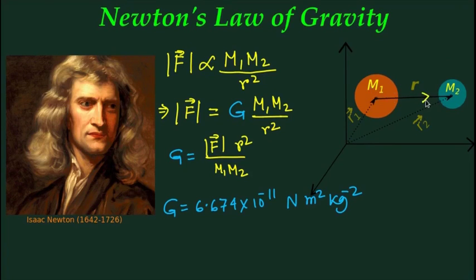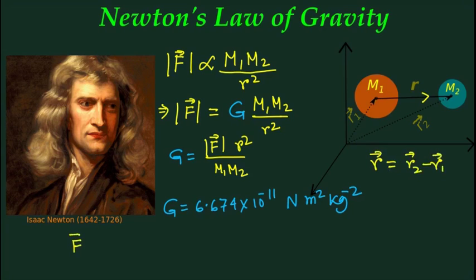Let r2 be the position vector of m2 and r1 be the position vector of m1, then r vector will be r2 vector minus r1 vector.